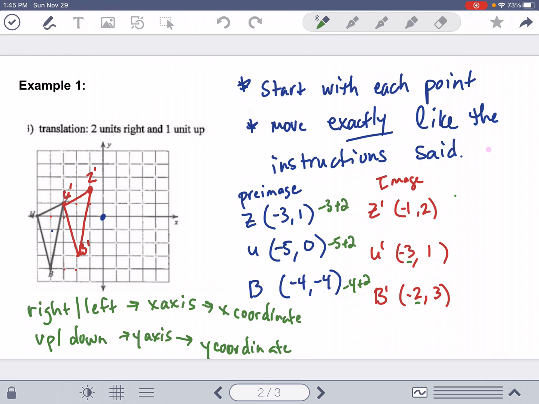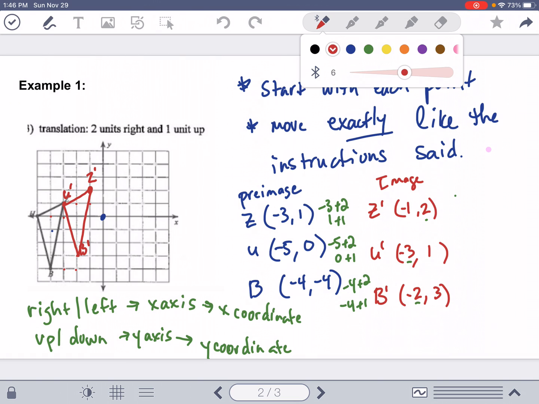And then when I talk about going up 1 unit, that's my y-coordinate. So I would say 1 plus 1, and that's where my 2 comes from. 0 plus 1, and that gives me the 1. And then -4 plus 1 gives me, oh, I left off a negative right there. That should be a -3.